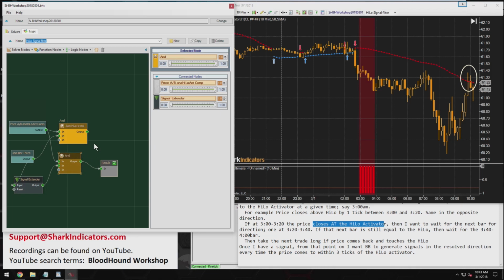I guess we'll follow through on the name here. This AND node would be essentially after the 3 a.m. high-low trend.